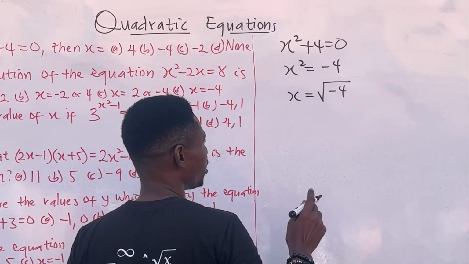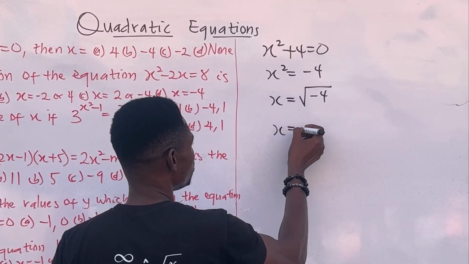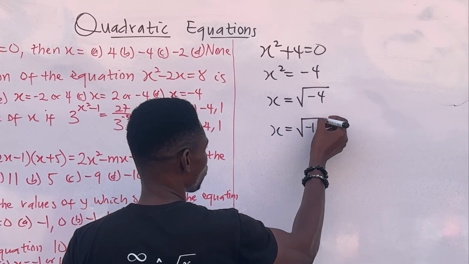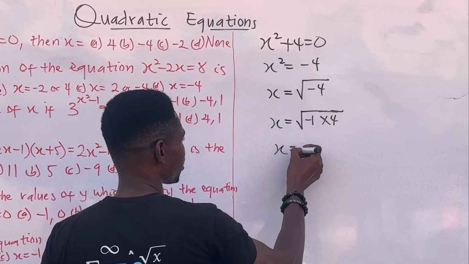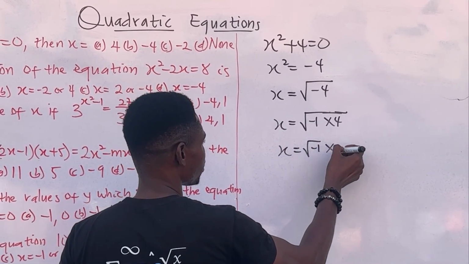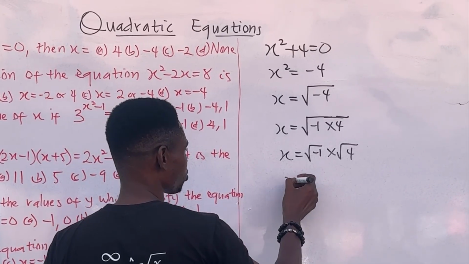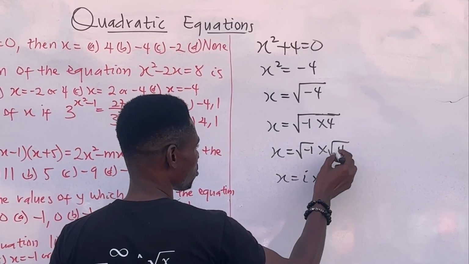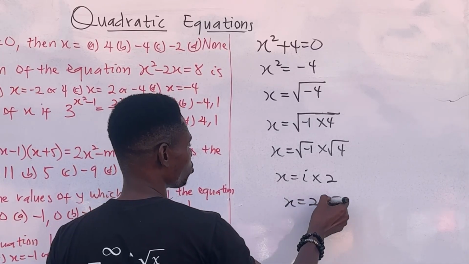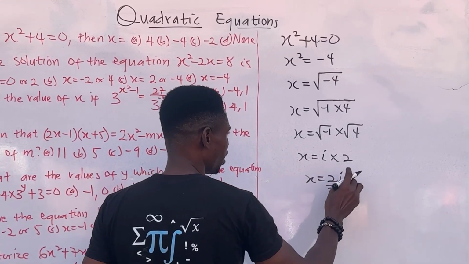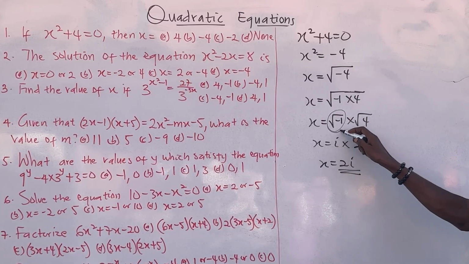Now, what's the square root of minus 4? x will be the square root of minus 1 times 4, which is the square root of minus 1 times the square root of 4. So x equals i multiplied by the square root of 4, which is 2. And x equals 2i. Now, i represents the square root of minus 1.